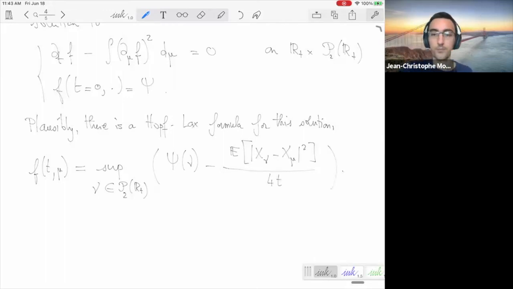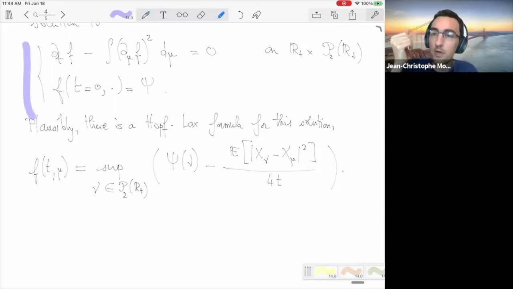It looks like this. I have not even defined properly in what sense this equation holds, and I should do that.